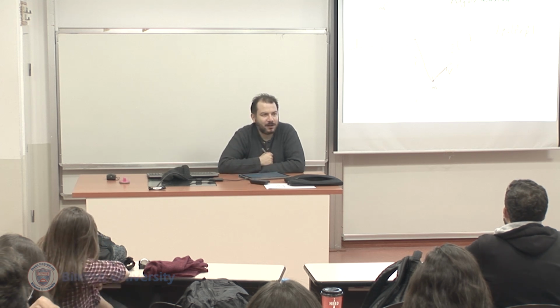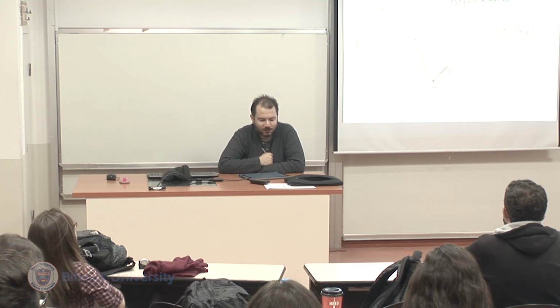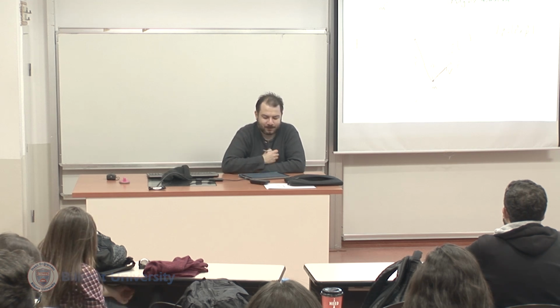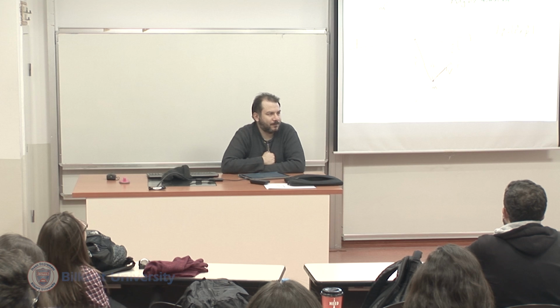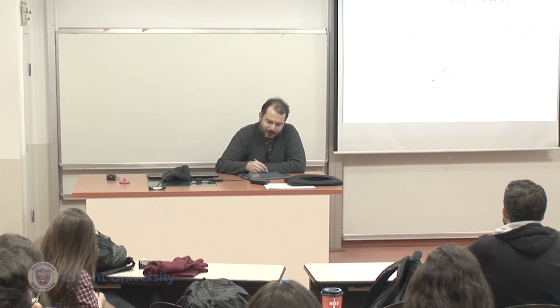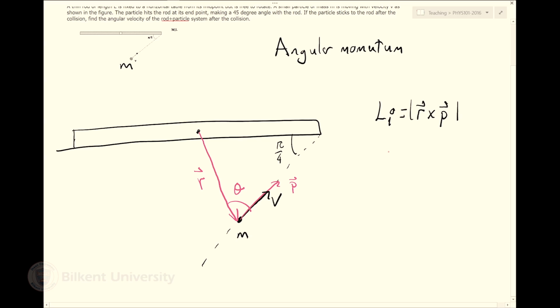Now, in general, r cross p is not going to be easy, at least I don't know the angle theta here so well. However, what do I need? I need the r magnitude times the p magnitude times sine theta.